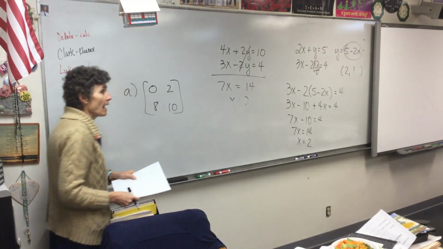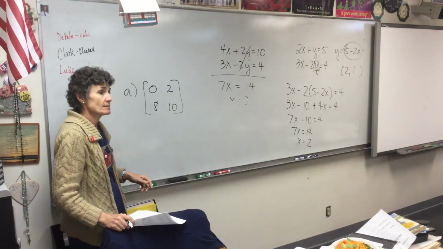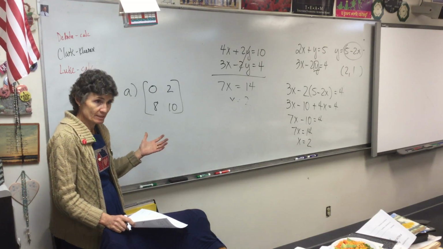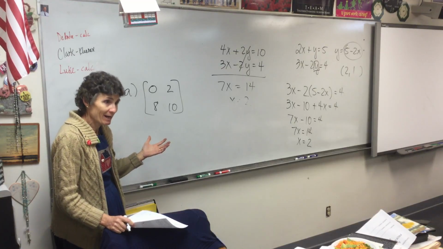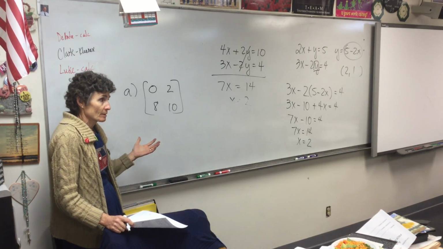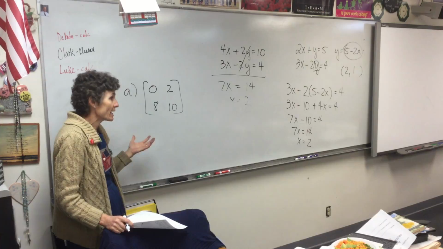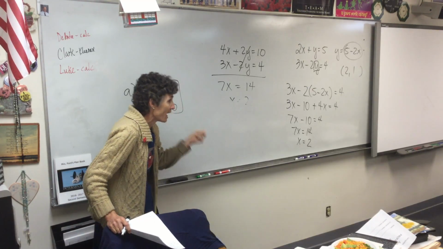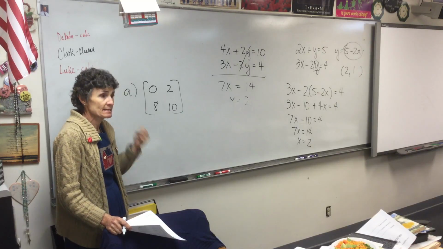There it is. How do we add matrices? Listen, it's just common sense. Nobody has to tell you this. You add the numbers that are in the same spots. Are there any times that you can't add? Yes, if they're not the same size. The matrices have to match.